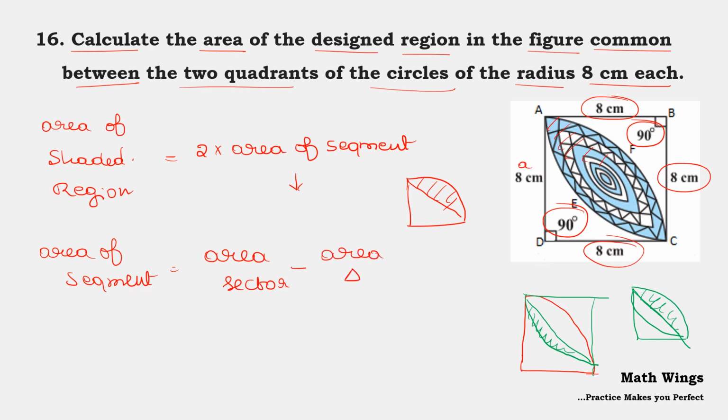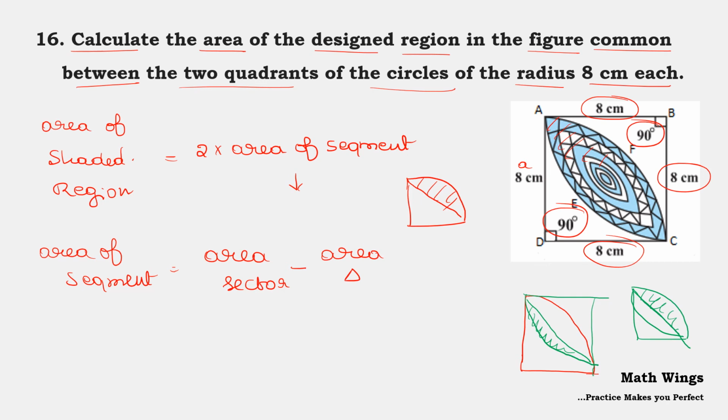Correct? It is very easy because we have the central angle as 90 degrees as well as a right angle triangle. We can also find the area of the triangle using the half into base into height formula.